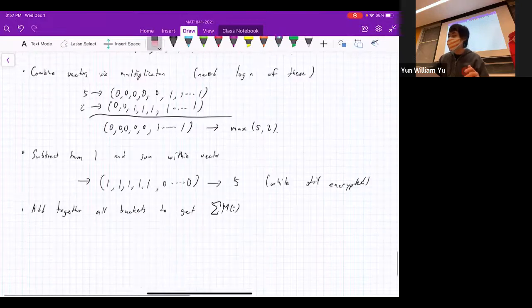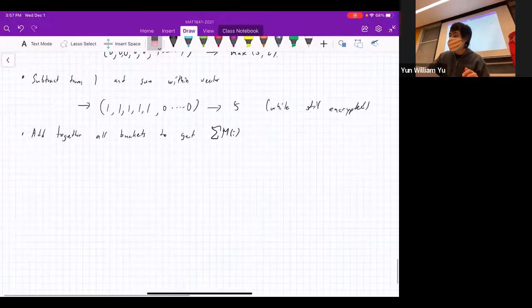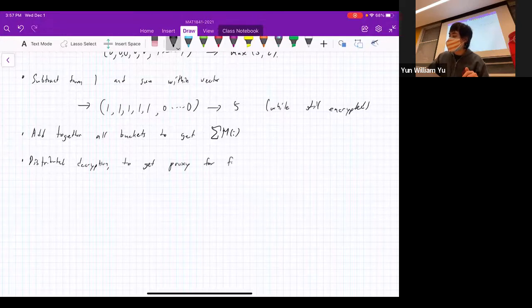So we do a distributed decryption of that number to get a proxy for a final approximate count, revealing no other information other than this proxy for that count.